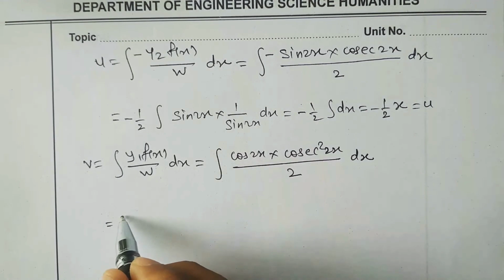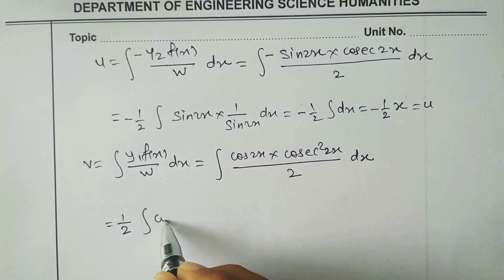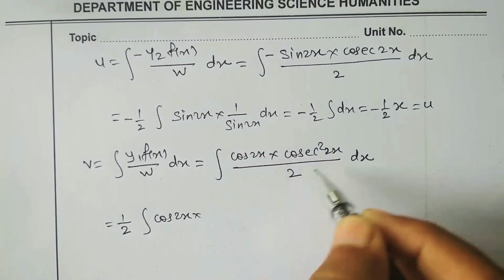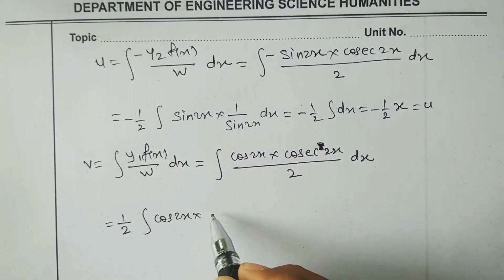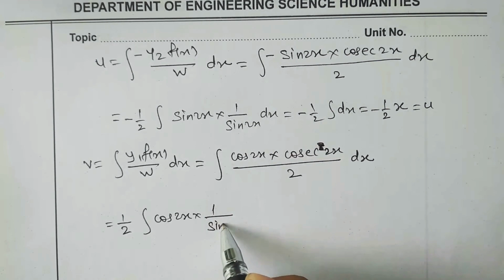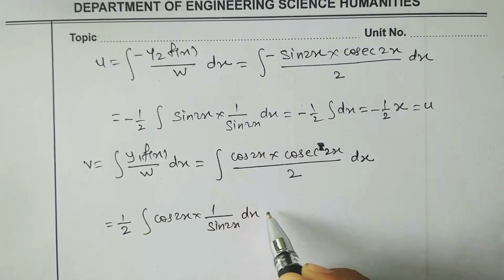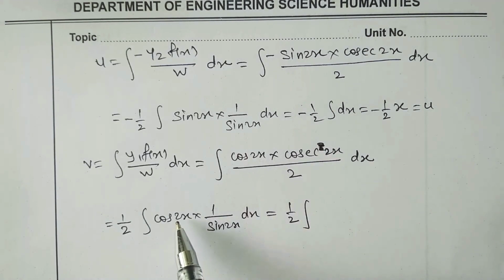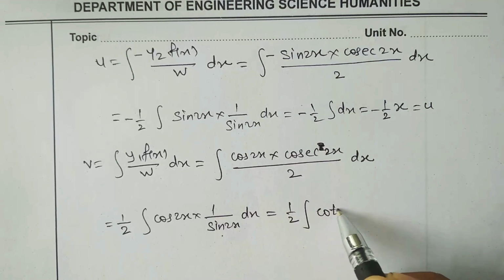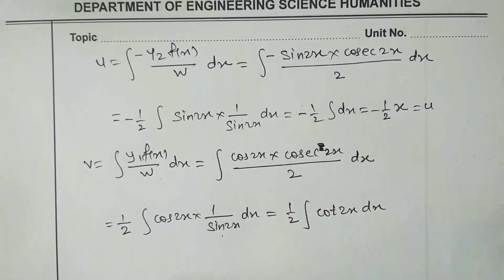So this is 1 by 2 outside, integration of cos 2x into cosec 2x, which can be written as 1 upon sin 2x, dx. This is 1 by 2 times integration of cos 2x upon sin 2x, which is cot 2x dx. So this is 1 by 2 into integration of cot 2x.